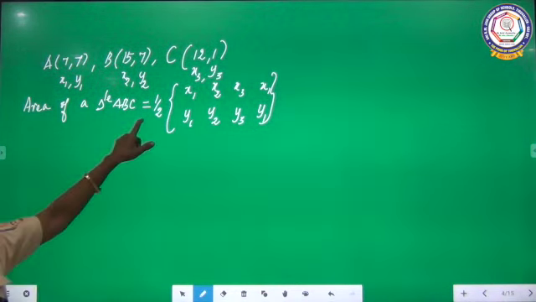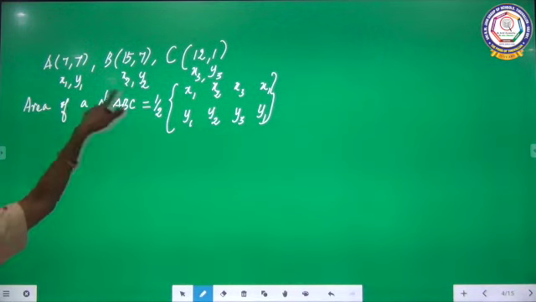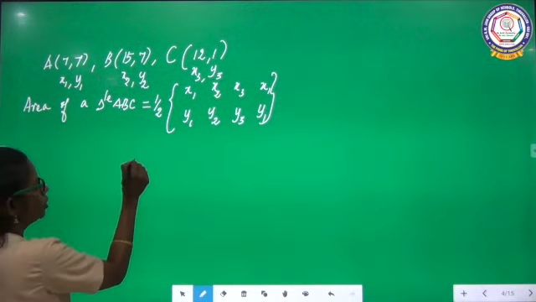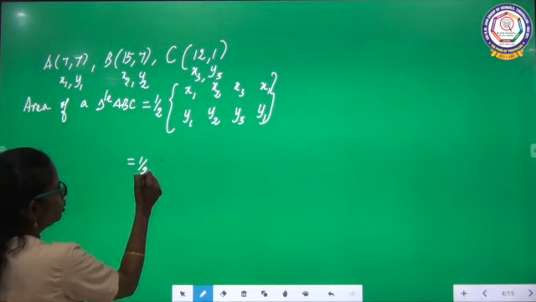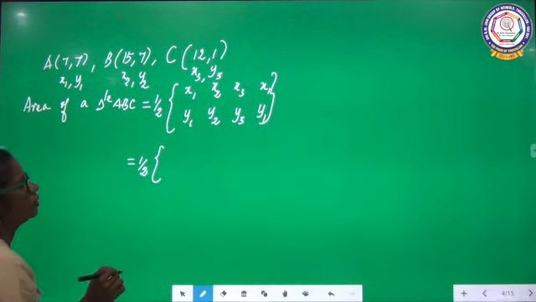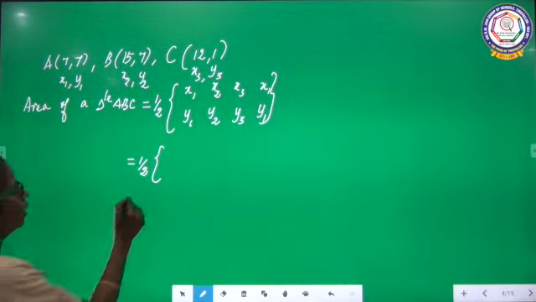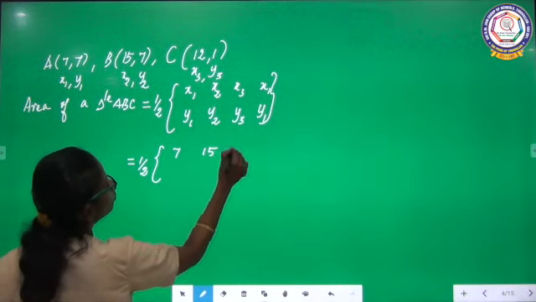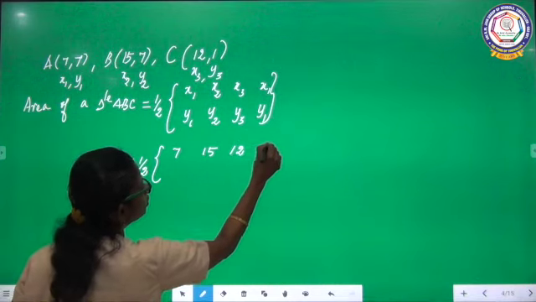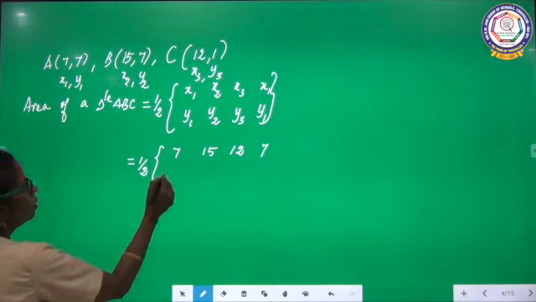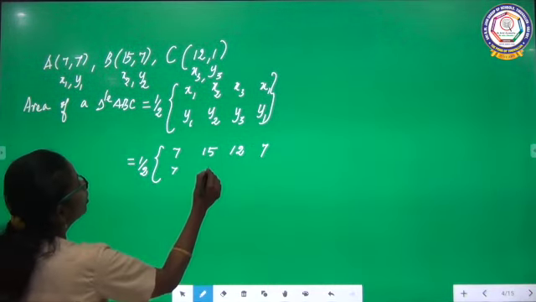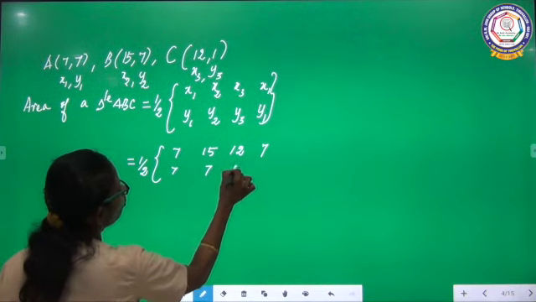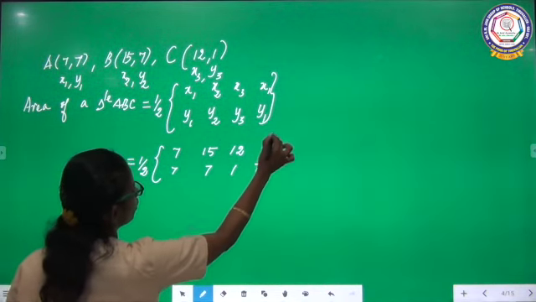Now I am going to replace the variable in terms of number, which is equal to 1 by 2 into, what is x1 we got? 7, 15, 12, 7. y1, 7, 7, 1, 7.